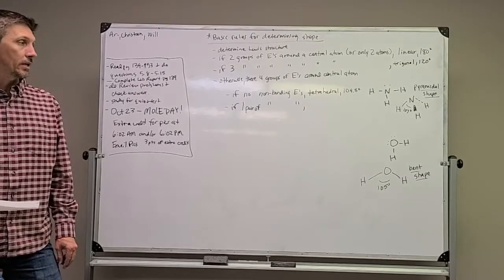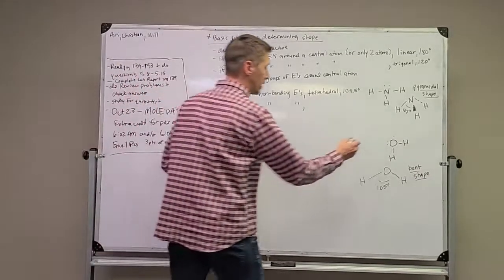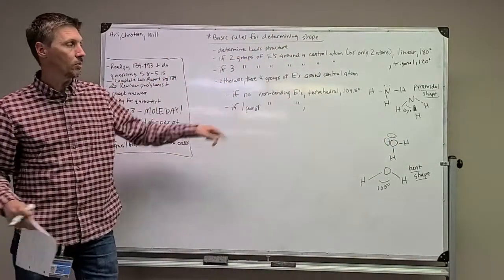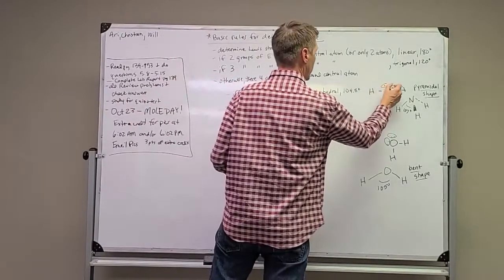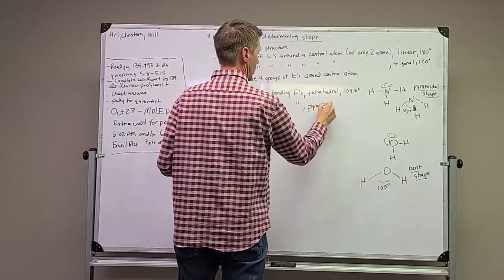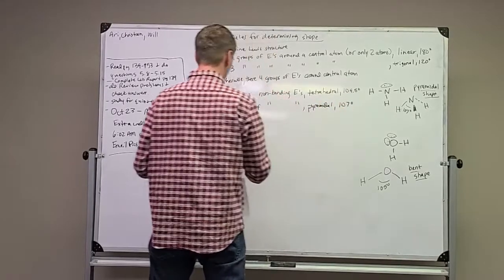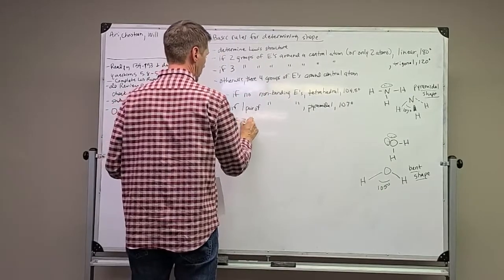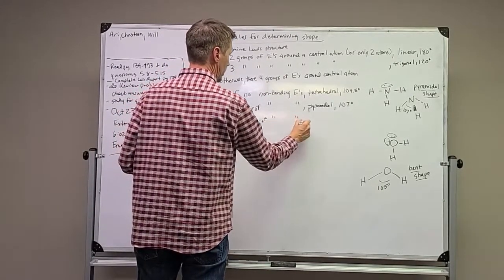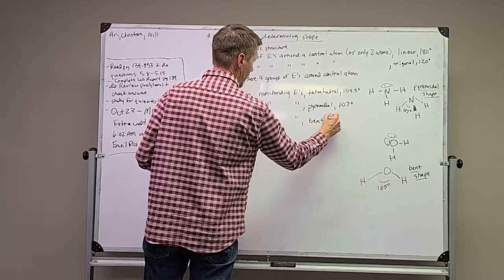The bent has how many pairs of non-bonding electrons? It has a set here, and a set here, so it has two pairs. We're talking about the one that has only one pair. So this one right here, the pyramidal, and it's 107 degrees. And then finally, if two pairs of non-bonding electrons, it's bent with 105 degrees.